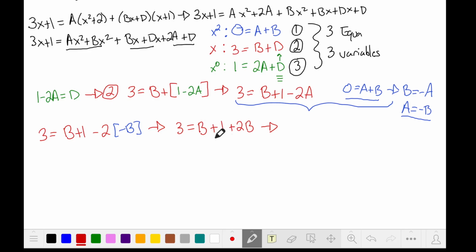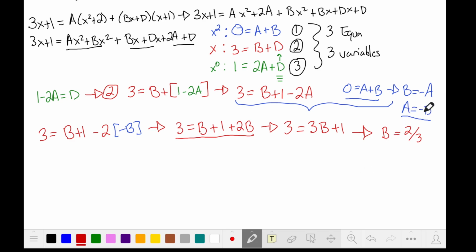And then from here, we've got one equation with just the one variable. So we can really quickly see that 3 is equal to 3B plus 1. From here, we get a very simple B is equal to, you take the 1 over, that's going to be 2, so that's just 2/3.